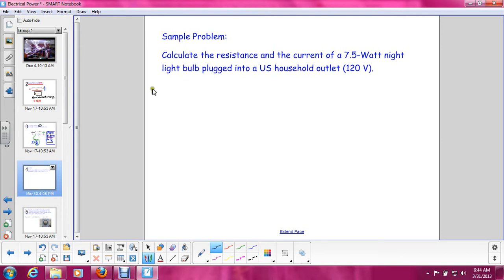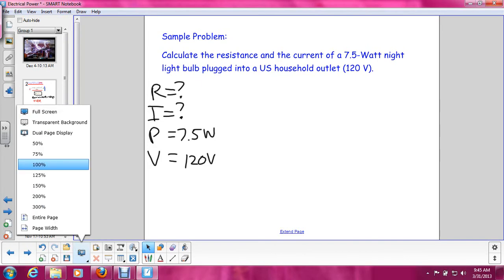We need to calculate the resistance, so we don't know that one, and we need to calculate the current, so we don't know that one. But we do know that there are 7.5 watts, and watts are a measurement of power, so we know the power. We also know that there are 120 volts, and volts are a measure of potential. So we know potential, we know power, we're trying to solve for current and resistance.